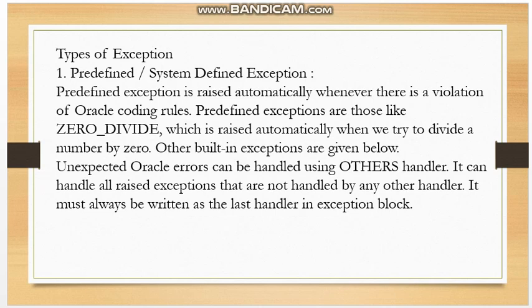But there are some unexpected errors which can be present in Oracle. To handle all such types of exceptions, we can use the keyword others. So an exception which is not known to the user is handled by the others keyword.